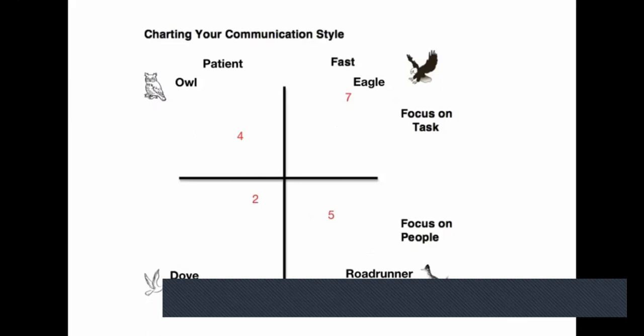But actually, you are a combination of all four. And this is one thing to really remember. You're not solely one of these four types and none of the others. You're a combination of all of them. And so your personality would look like this. Where that is covered up there, that would be your personality. Partially owl, partially dove, partially roadrunner, but mostly eagle.